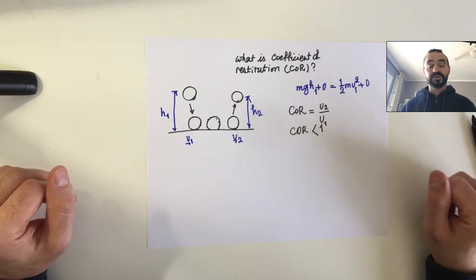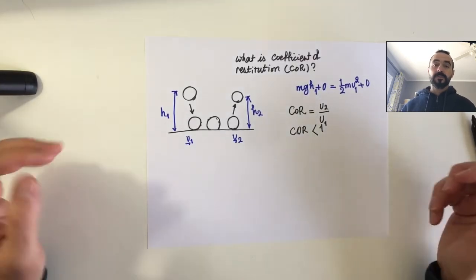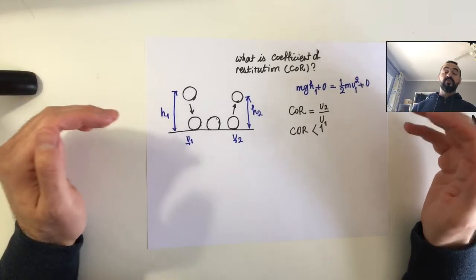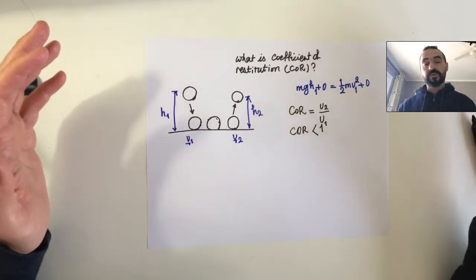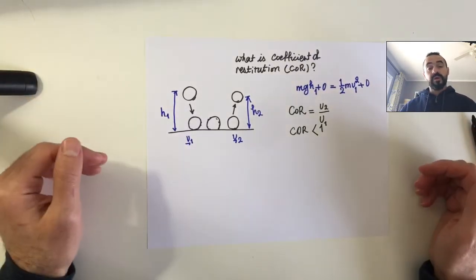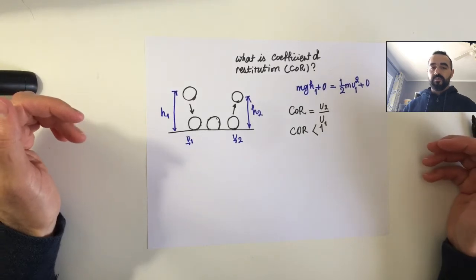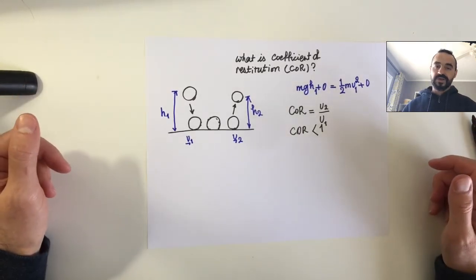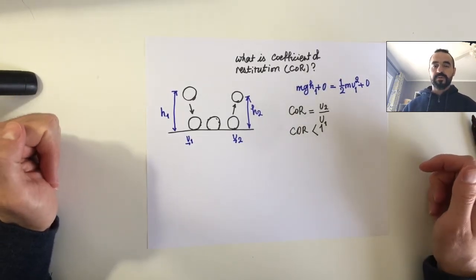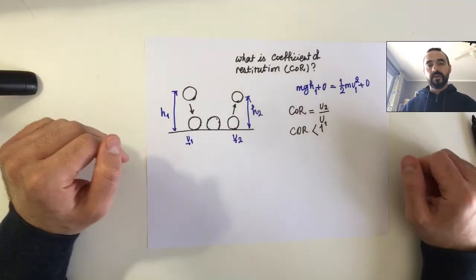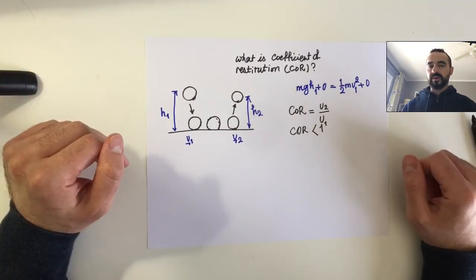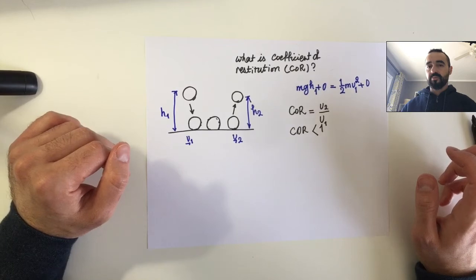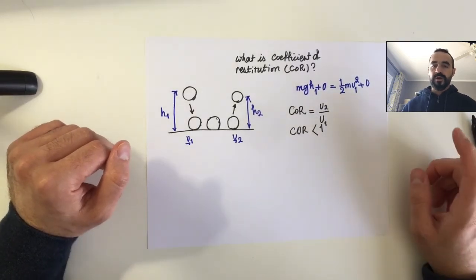Let me give you a practical example, in fact. Those who play squash, before starting the match, they start playing with the ball, a squash ball. So what happens during this pre-match warm-up?